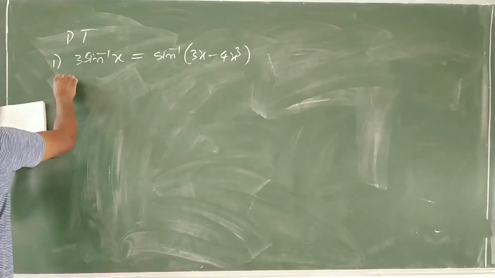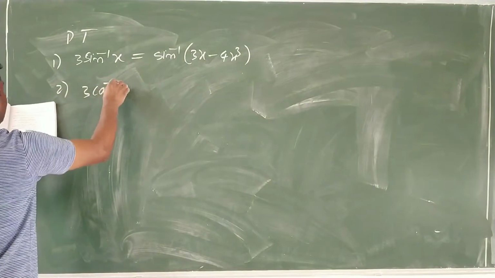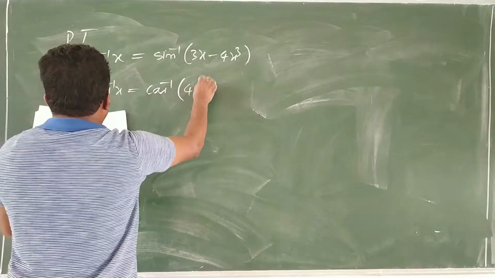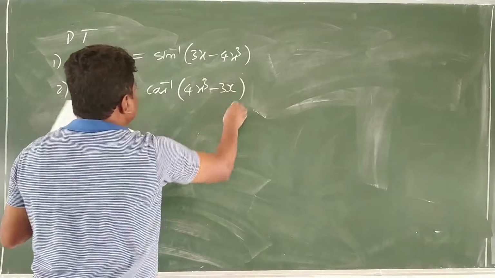Second one: 3 cos inverse x equals cos inverse of 4x cube minus 3x.